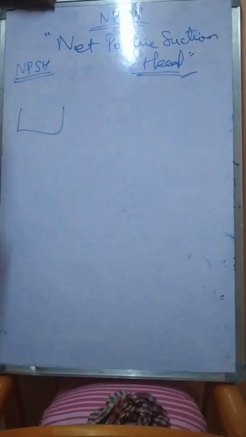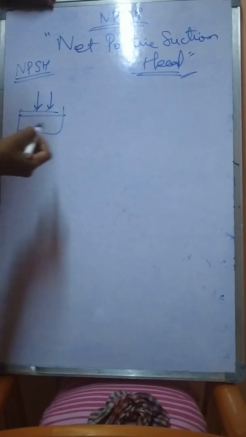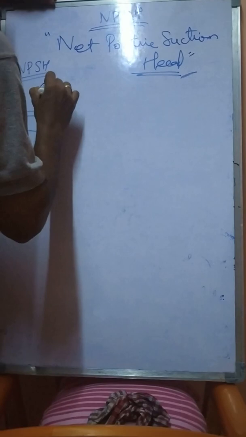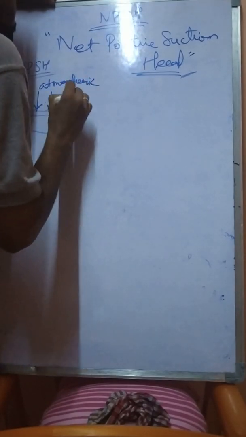So simply we write down the terms. For NPSH, the first factor is, if it is an open or closed tank, whatever pressure is acting. For example, we take an open tank, so atmospheric pressure is acting.